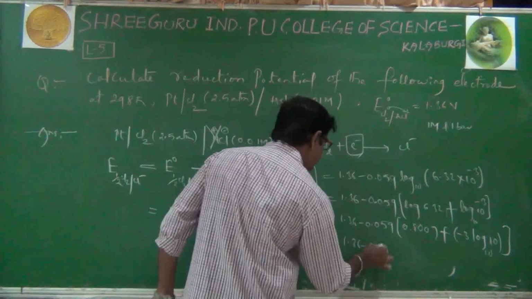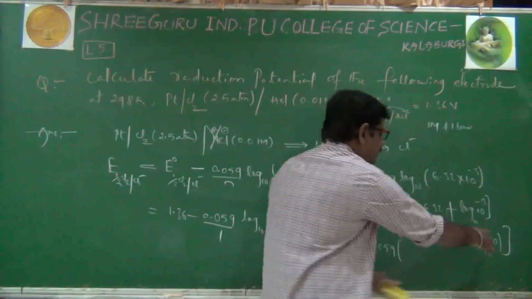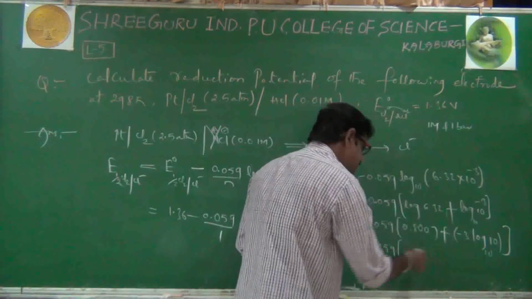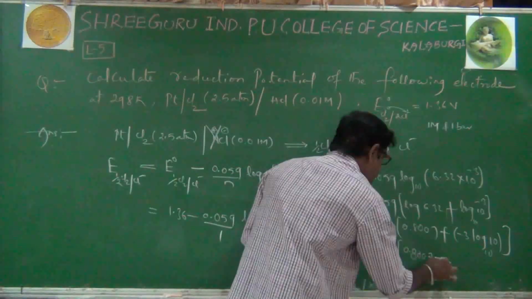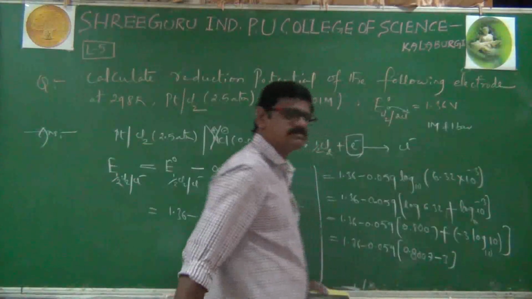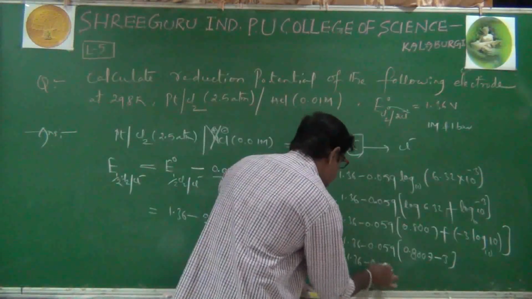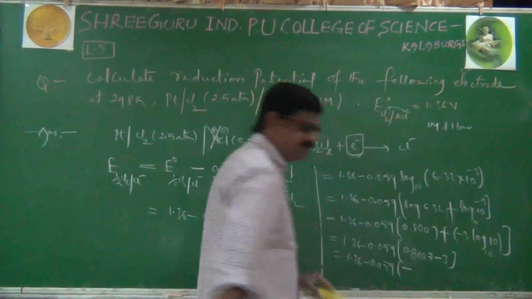1.36 minus 0.059. See here again, log 10 value is 1, so 1 into 3 gives 3. Minus, plus into minus, therefore 0.8007 minus 3 we are getting. And if you subtract, you will get a minus sign inside.